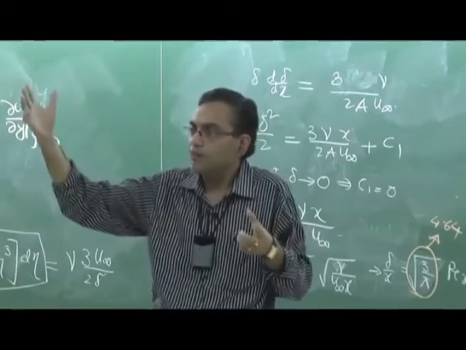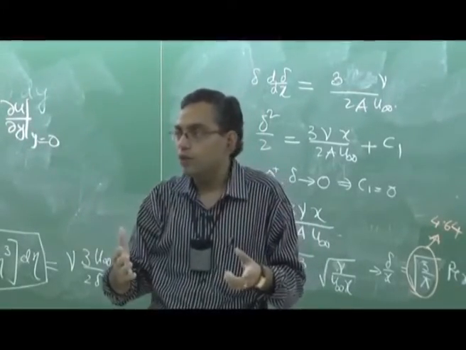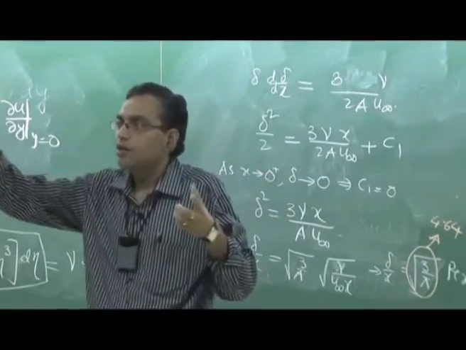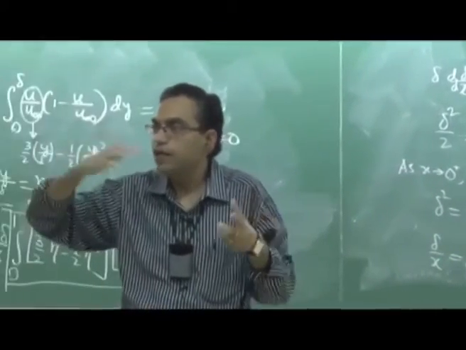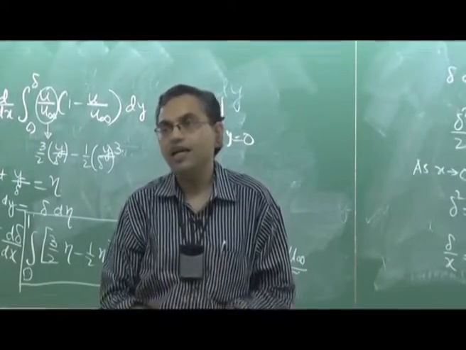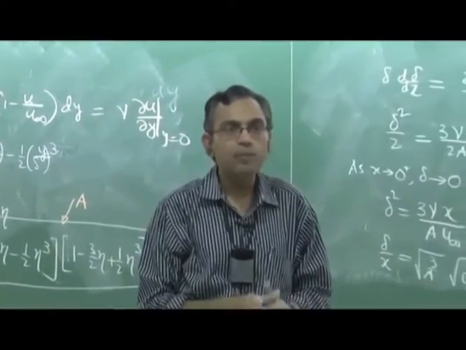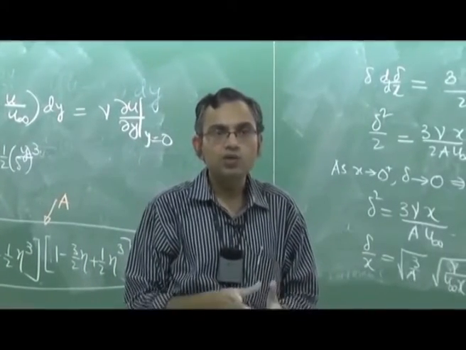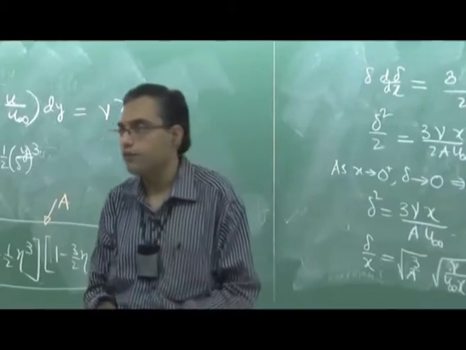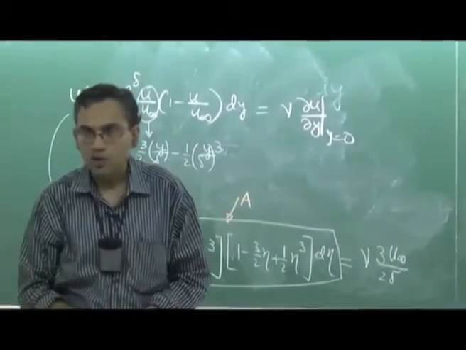So if you know delta as a function of x, you can evaluate the local friction coefficient or the overall drag coefficient by integrating that delta as a function of x. So knowing delta as a function of x is important, and we can use the momentum integral method to evaluate that delta as a function of x in a somewhat accurate manner.